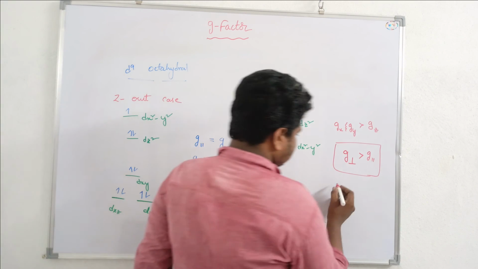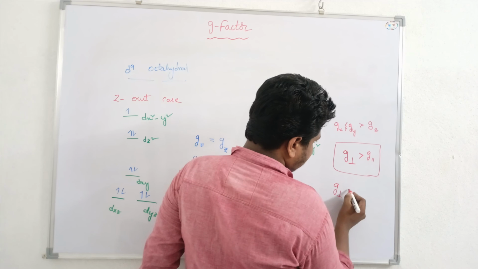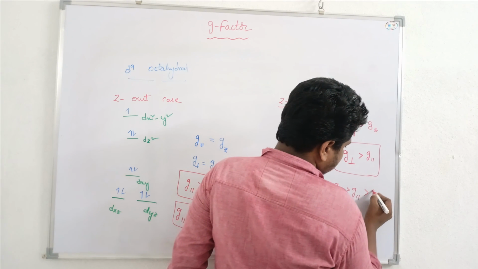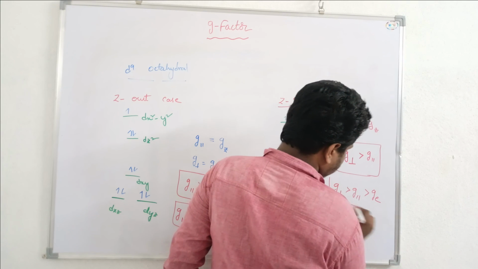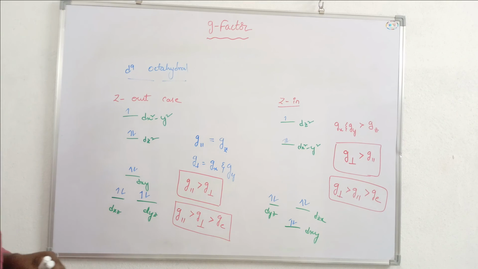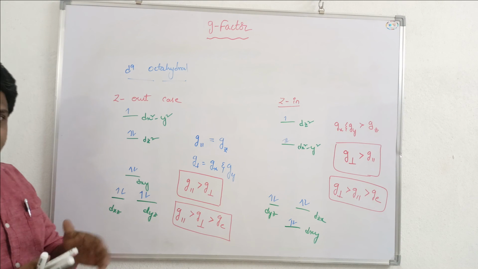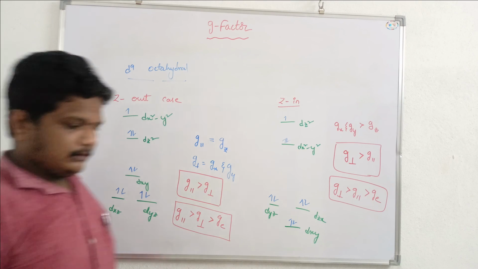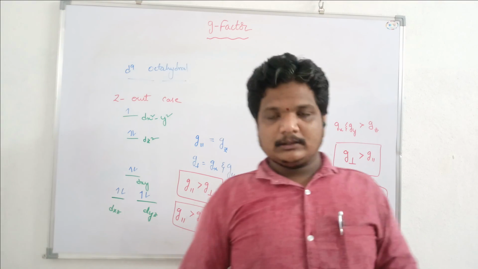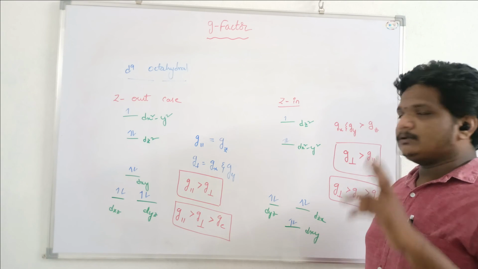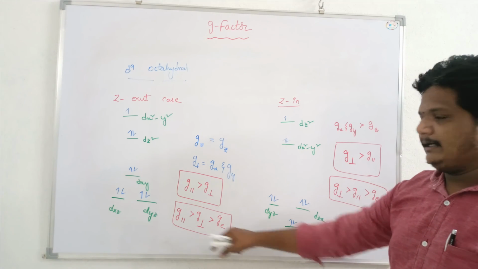So this is the relation about the Z in case and Z out case in the octahedral system. In the square planar system we can observe the Z out case, and in that case also we have the same relation.